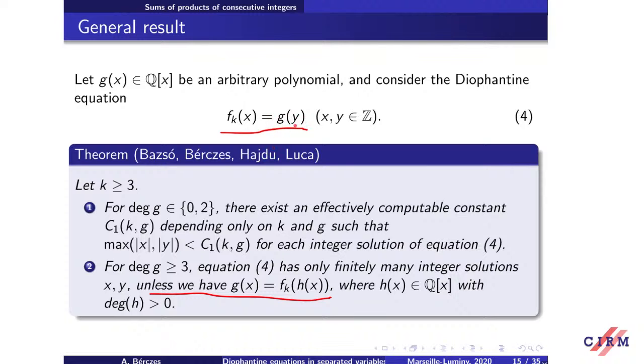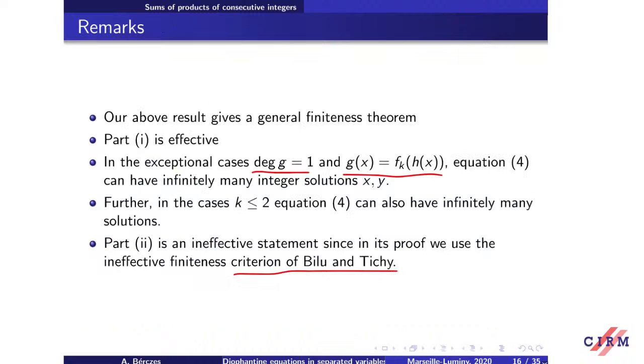Let's say if g of y equals y, then we just have f_k of x equals an integer, and if y is that integer, that's a solution. So for every x, we get a solution y. Again, when g of x is f_k of h of x, the same situation holds. Whenever h of x assumes a value, then we can take this value for the other unknown, and we get a solution. So in these cases, we always have infinitely many solutions.